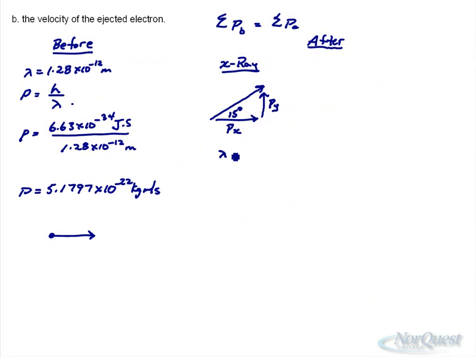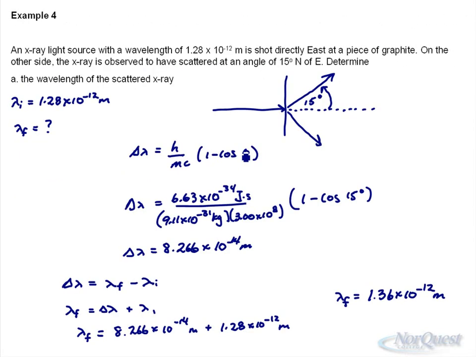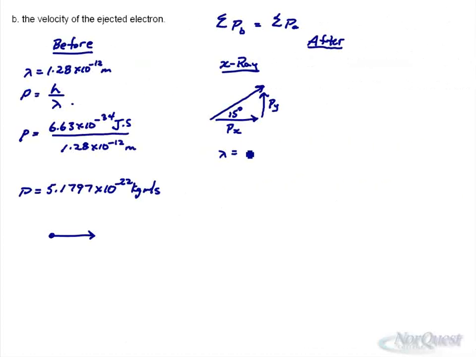Now the wavelength after we just worked out in part A to be 1.36 times 10 to the negative 12. Now we're going to have to find the resulting momentum, then break it into its X component and Y component using trig.